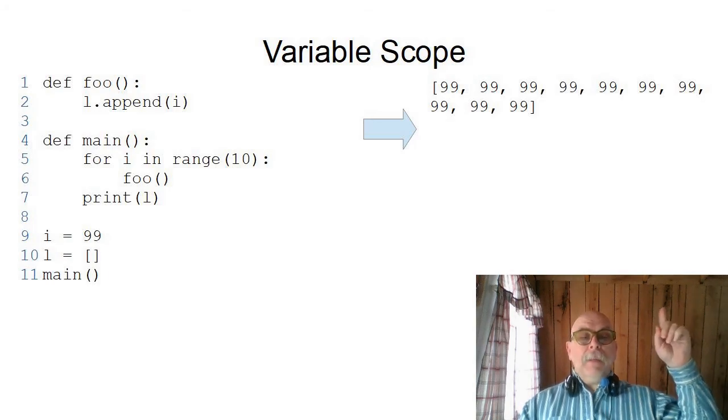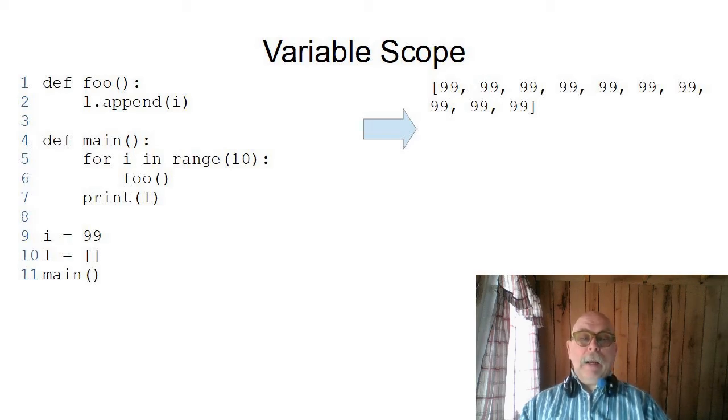But notice that it appended 99 10 times, not 0 through 9 as you would expect, because again, the variable I on line 5 is local to the definition main, where the variable I on line 2 is a global variable. Global variables and variable scoping can become extremely problematic, and I would strongly stress that you don't do it if you can avoid it.